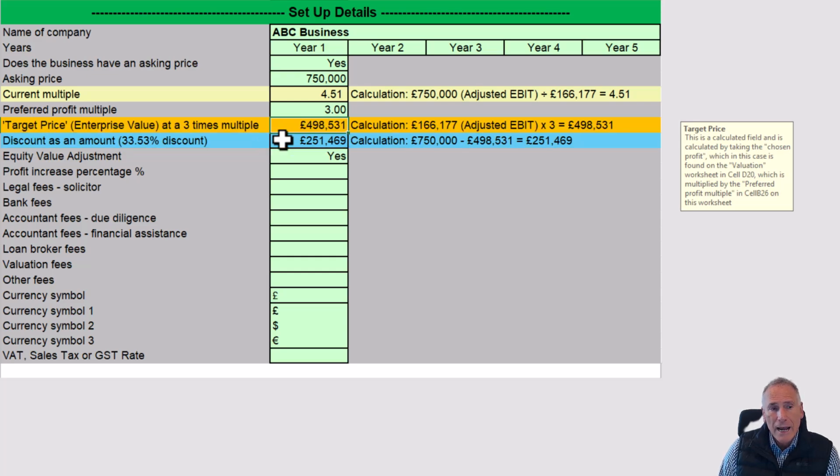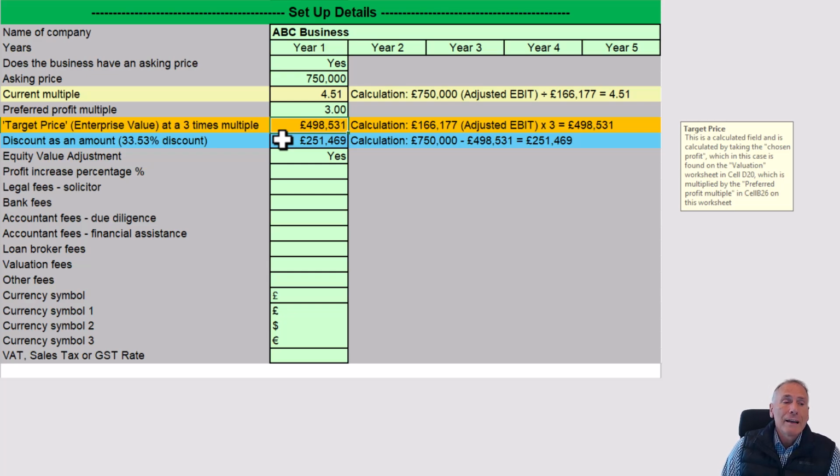So that's how quickly you can assess a business's profits by just putting the information in to AquaCalc, and you can pull out the numbers very, very quickly. And that's how you work out how to value a business, quickly and easily.